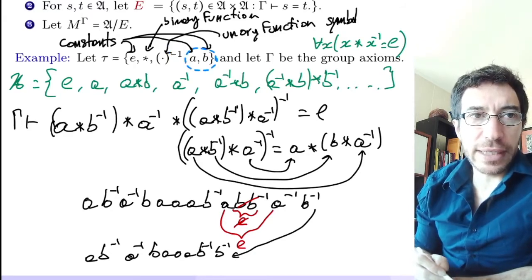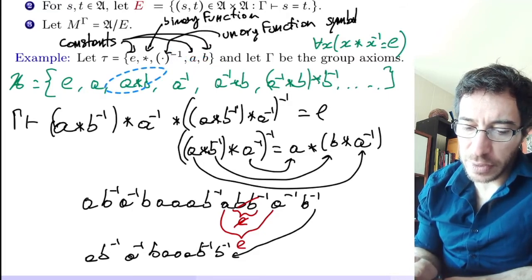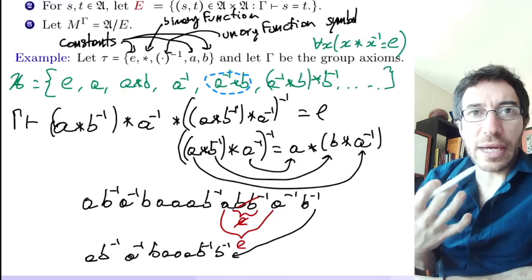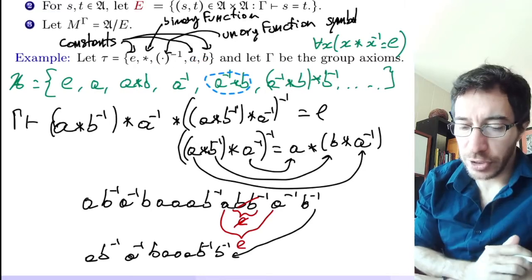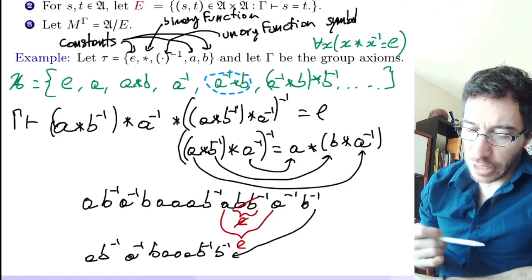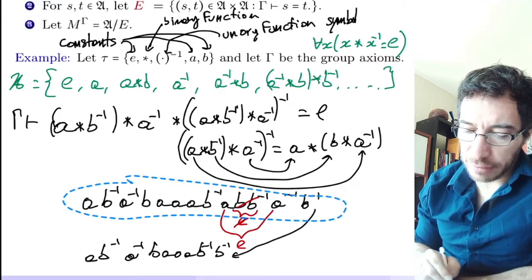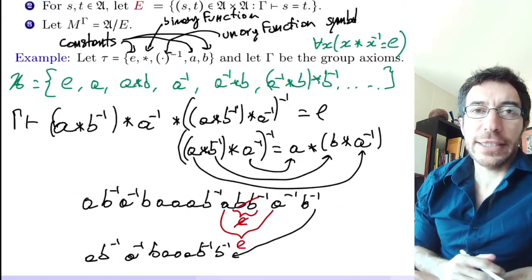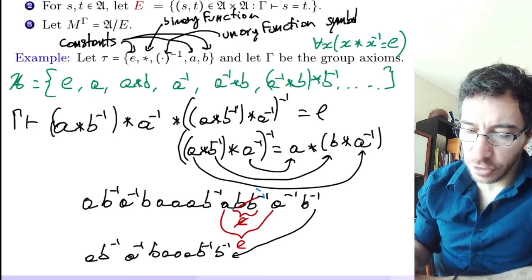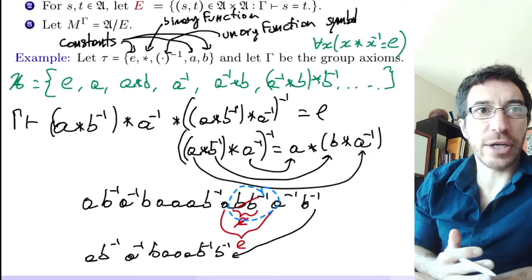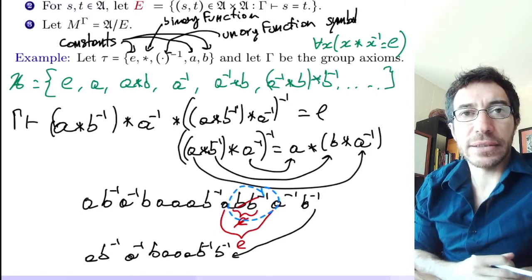So now we can build anything that you can write with the two constants A and B: A times B, A inverse, B, multiplying and using the minus 1 operation, the inverse operation. And we saw that what we get is everything that can be written as a word concatenating A's, B's, A inverses, and B inverses, in a way that if you have two of these together, they cancel out. So we got a group, and we are happy because we started with the group axioms and we ended up with a group.